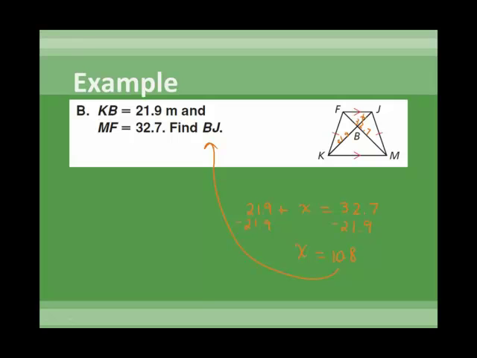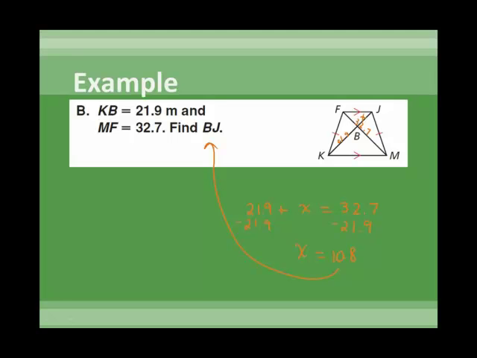Good. All right. This shape here is another isosceles trapezoid. And we were told something about the diagonals. So we knew diagonal FM was 32.7, so I wrote that along the line here.